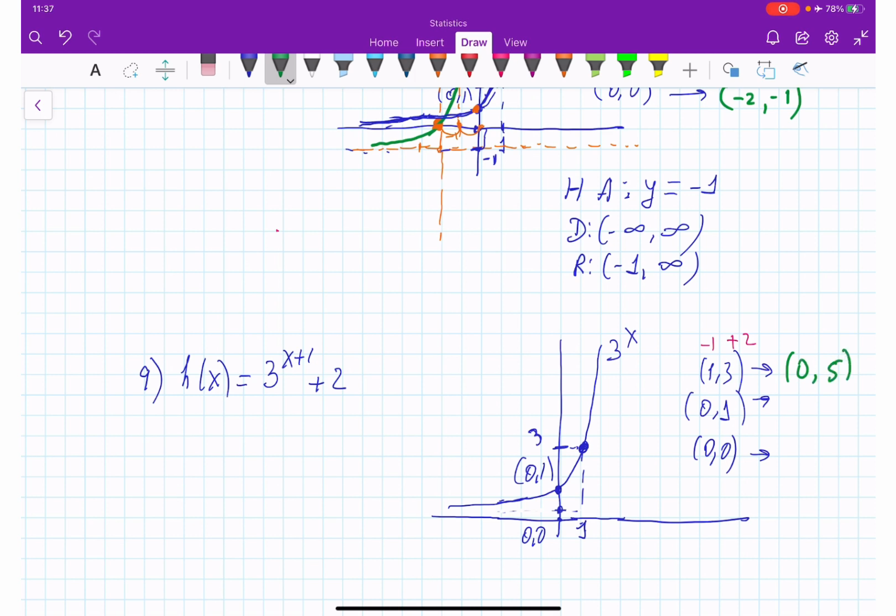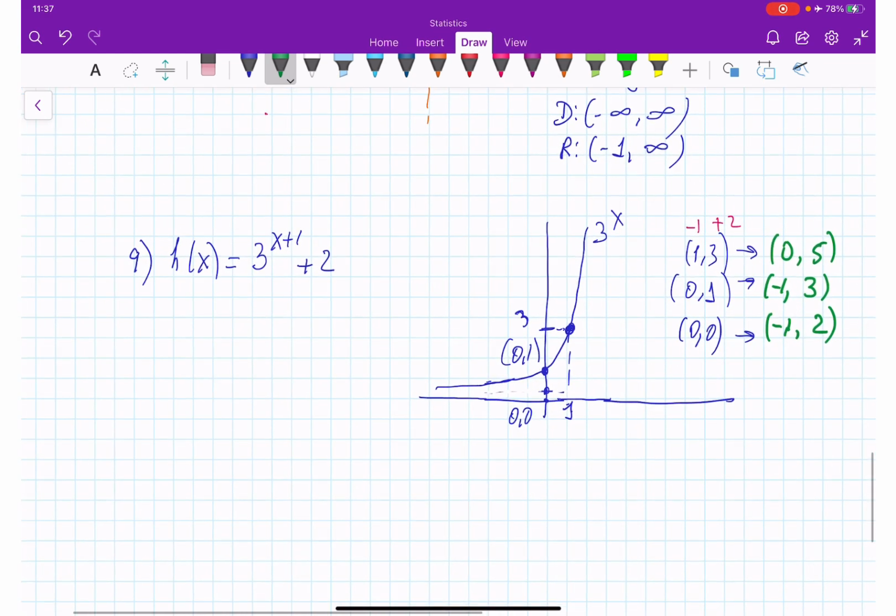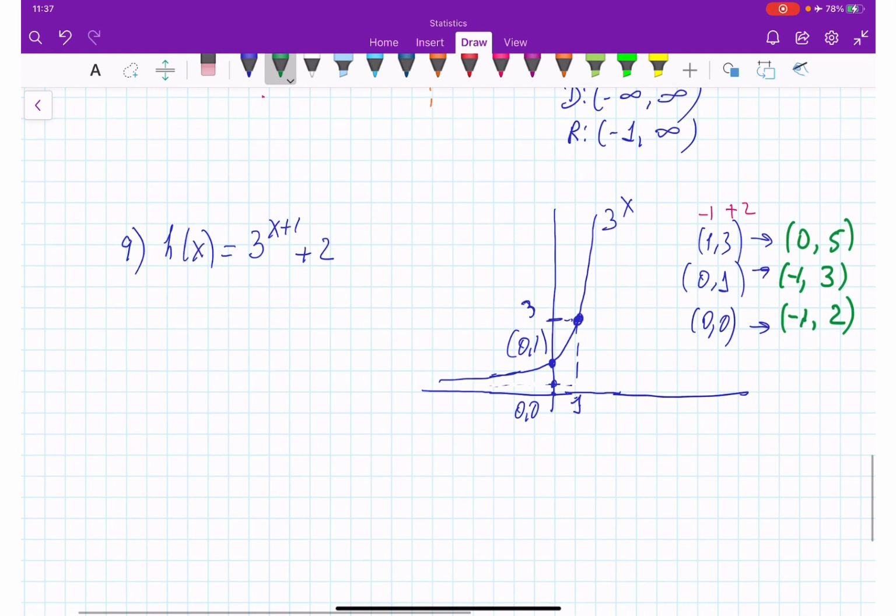Next, 0 minus 1, it's going to be -1. 1 plus 2 is equal 3. 0 minus 1 is -1, and 0 plus 2 is +2. So from here, we are getting our graph 3 to power x plus 1 and plus 2.